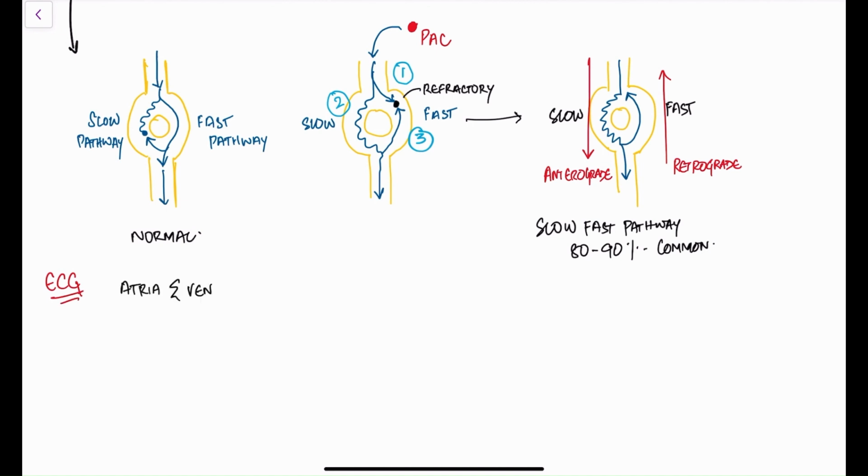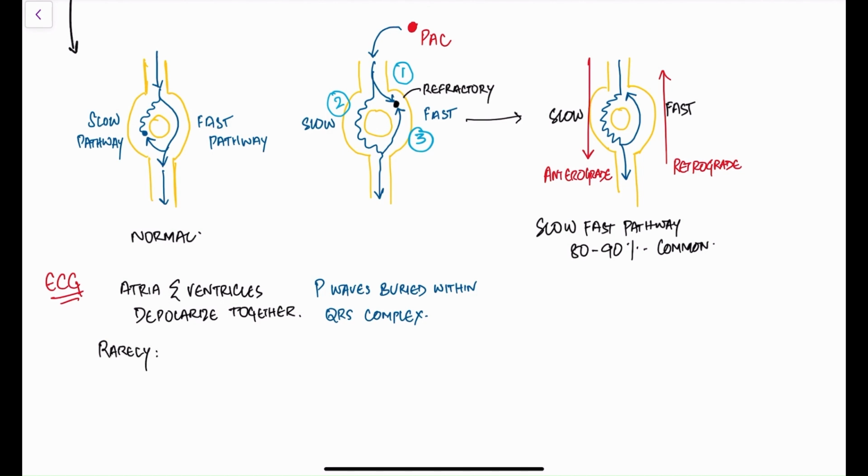So what do we actually see on the ECG? The atria and the ventricles depolarize almost simultaneously in this kind of dysrhythmia. So the P waves are actually buried within the QRS complex, and it is very difficult to detect them. Very rarely, the atria depolarize after the QRS complex, in a retrograde manner.